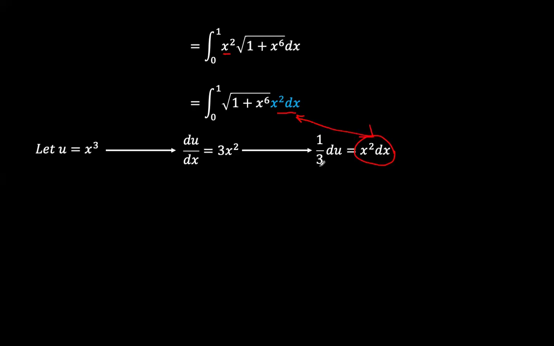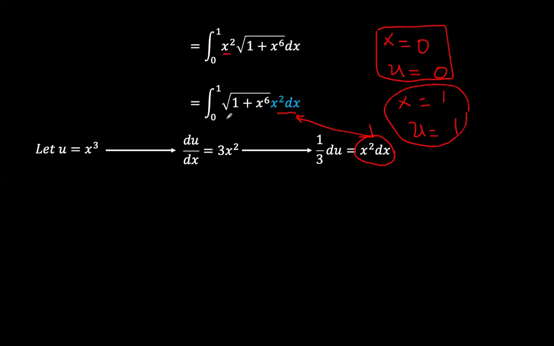And so we can substitute that for that block. Now, when x equals 0, for the lower limit, u is equal to 0 to the power 3, which is 0. When x equals 1, u is equal to 1 cubed, which is 1. Right? So this limit here can be substituted appropriately.